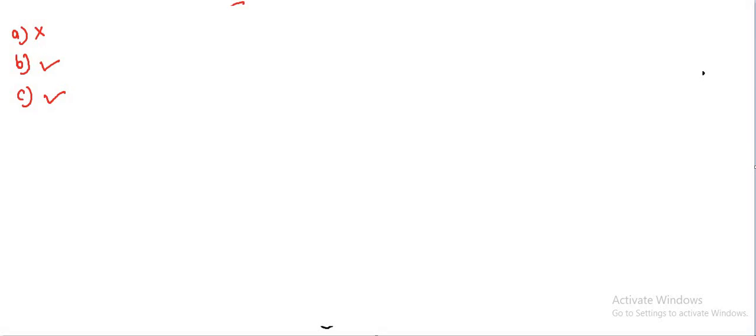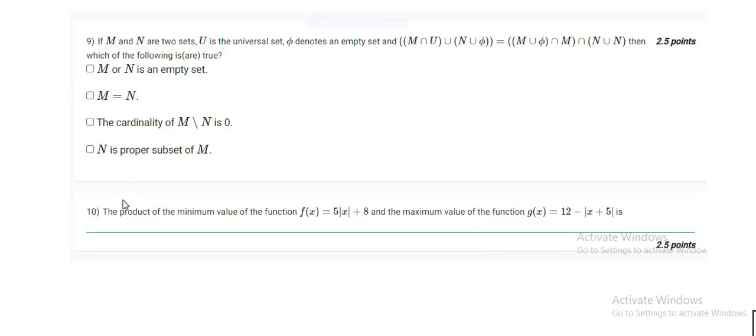Let us consider option D. Option D says that m is a proper subset of n. If you remember, just now we proved that m is equal to n, and for proving m is equal to n, we saw that in between we considered that m is a subset of n and n is a subset of m. So all the elements of n are present in m and all the elements of m are present in n.